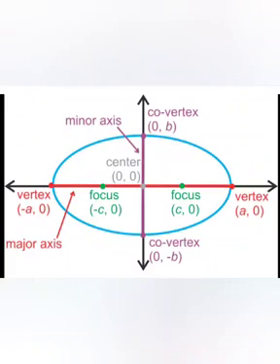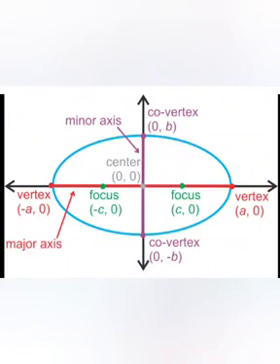Since the length of the major axis is equal to 2a, each vertex is at a distance of a units from the center. Thus the coordinates of the vertices are (-a, 0) and (a, 0).